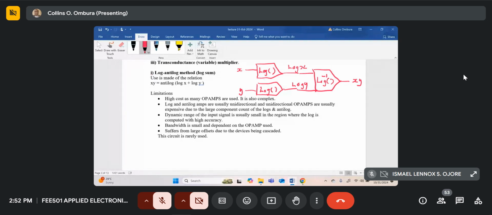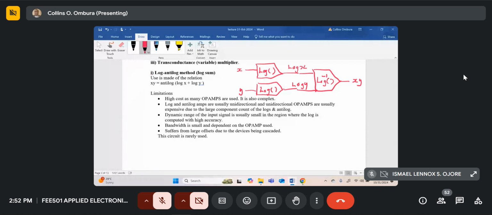So in this scheme, we use the relation that anti-log of log x plus log y is xy. The circuit implementation is what I've drawn over there. You need 2 log amplifiers and 1 anti-log amplifier.